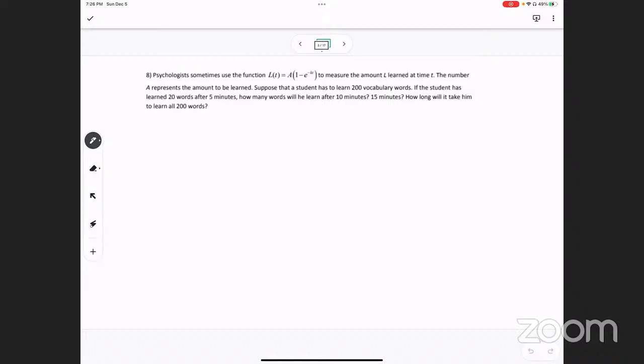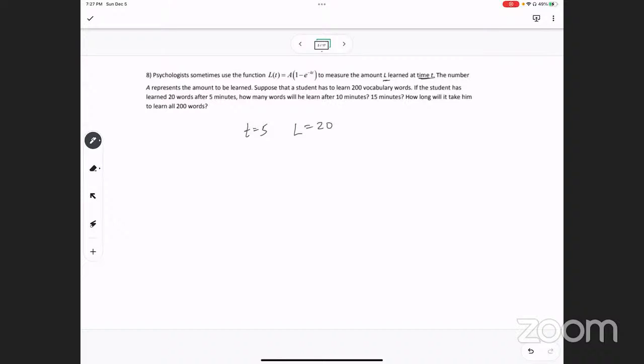Okay, so they're telling you the amount L learned at time T. And they're saying if a student has learned 20 words after 5 minutes, so when T equals 5, L equals 20. Is that what they're saying?